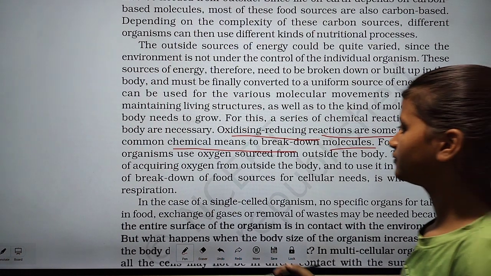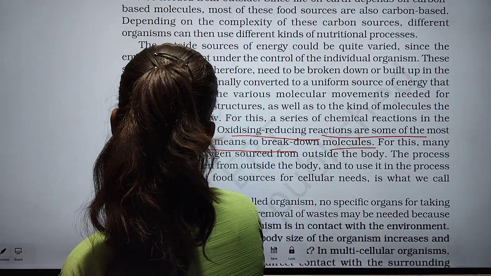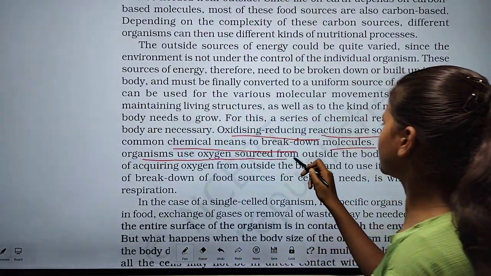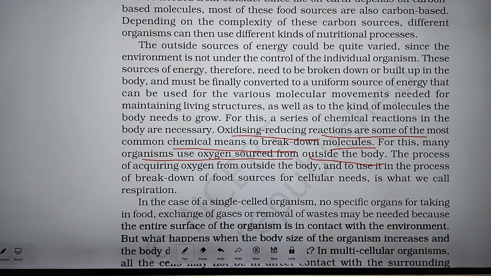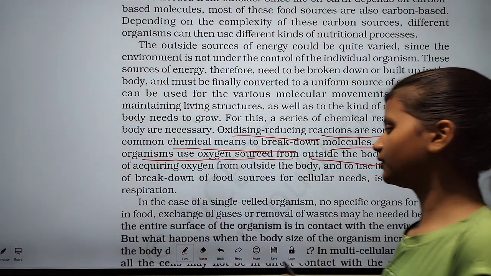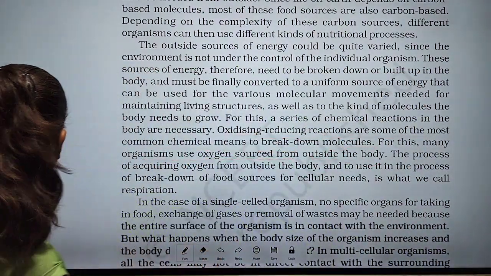For this, many organisms use an oxygen source from outside the body.